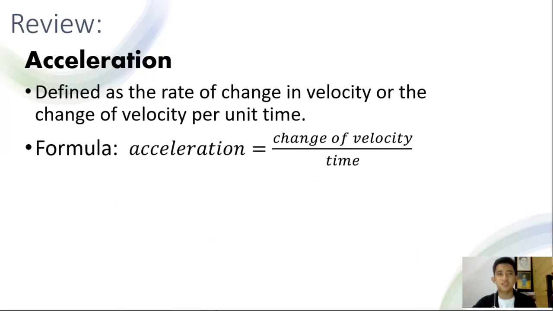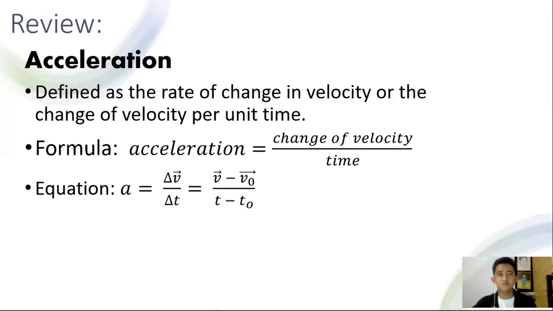Acceleration is equal to the change of velocity divided by the time. The equation A is the unit of acceleration, which is equal to the change, delta v, change in velocity divided by change in time. So that's delta t. Or the acceleration A is equal to the final velocity minus the initial velocity divided by the time.